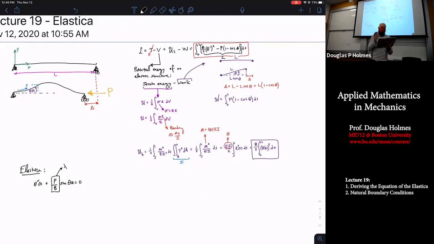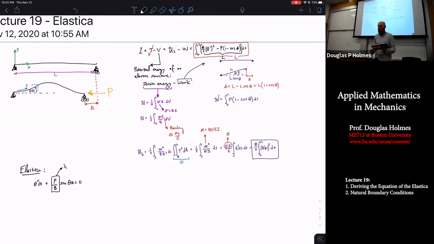Perhaps even more remarkable, we're not going to do this, but the equation for, this is a planar elastic curve. So this is only going to describe stuff happening in the plane. If you wanted to get the equation for an elastic curve in 3D space, so like a twisted rod that could be bending and twisting and everything, you get a much more complicated equation that also happens to be the mathematically equivalent form of the equation that describes a spinning top.